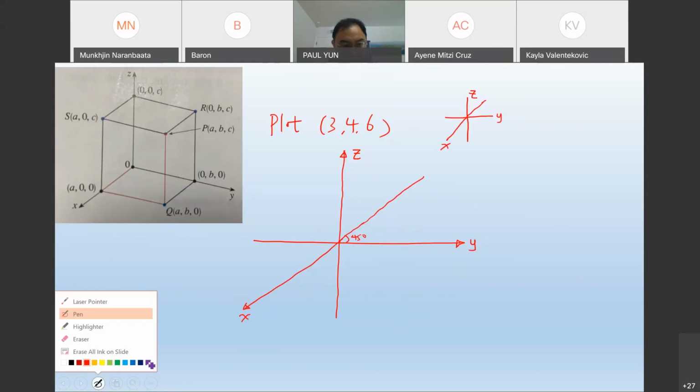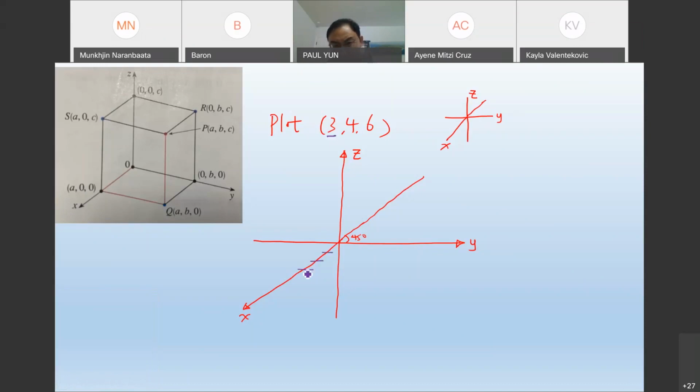So here, how do you do this? When you mark the values, make sure it's parallel to the opposite side. So to create the effect, say this is 1, 2, 3, and then 4. Make sure it's parallel to the x-axis. 1, 2, 3, 4.